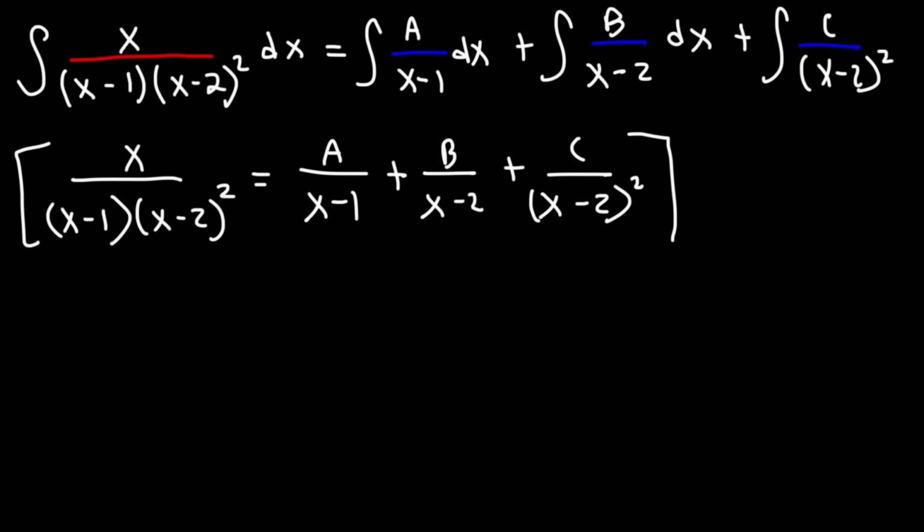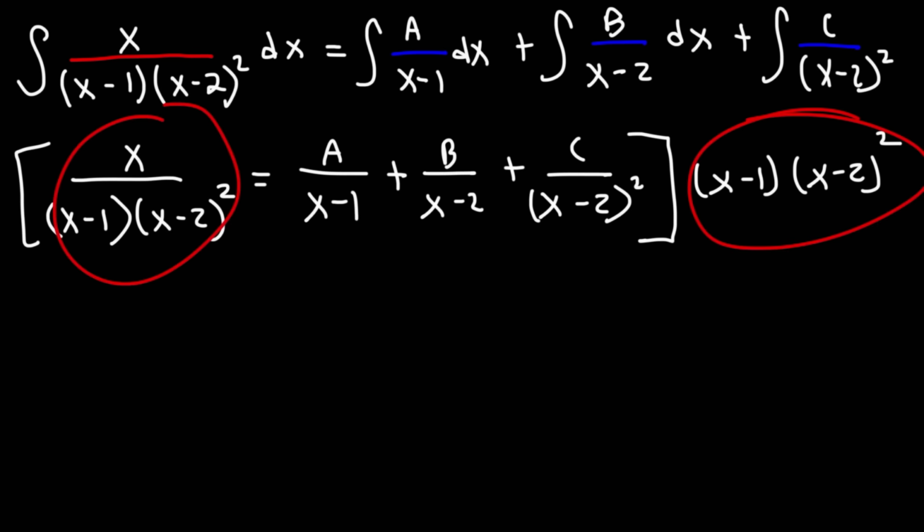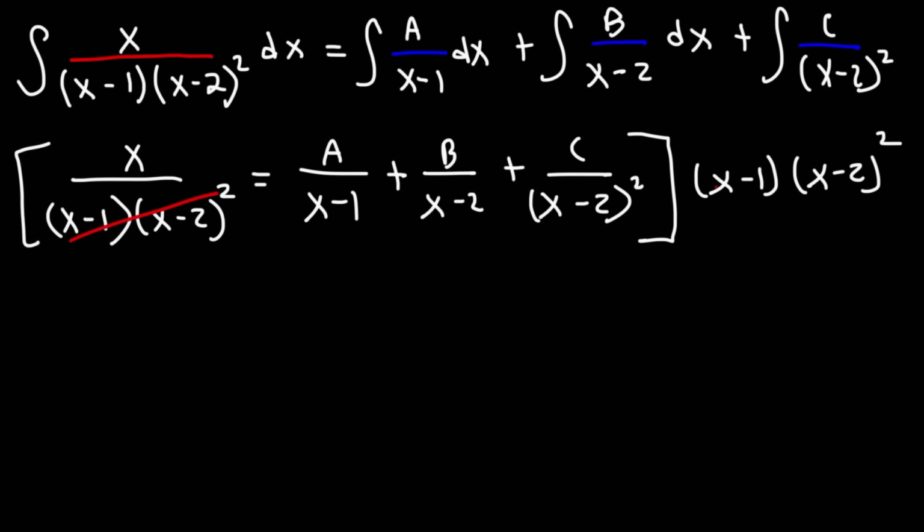So we're going to multiply every fraction by x minus 1 times x minus 2 squared. So when multiplying these two, these will completely cancel, leaving behind x on the left side of the equation.